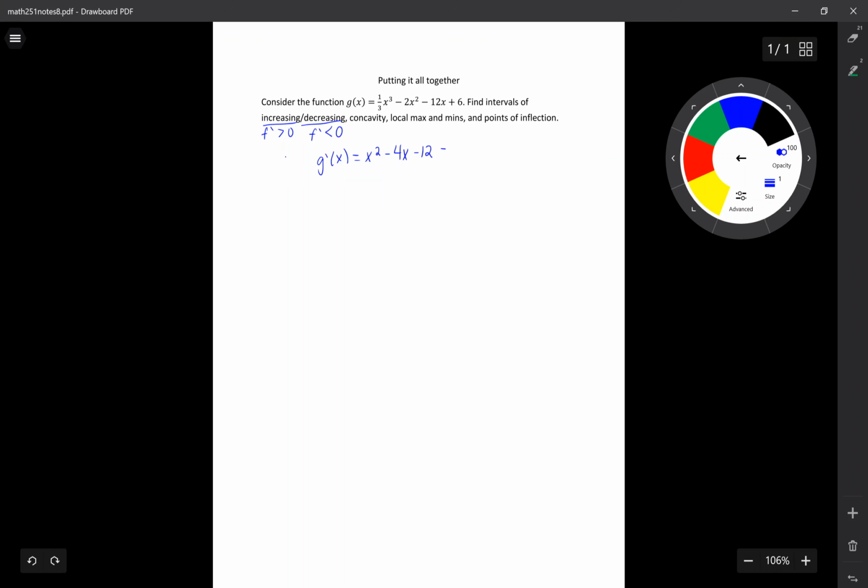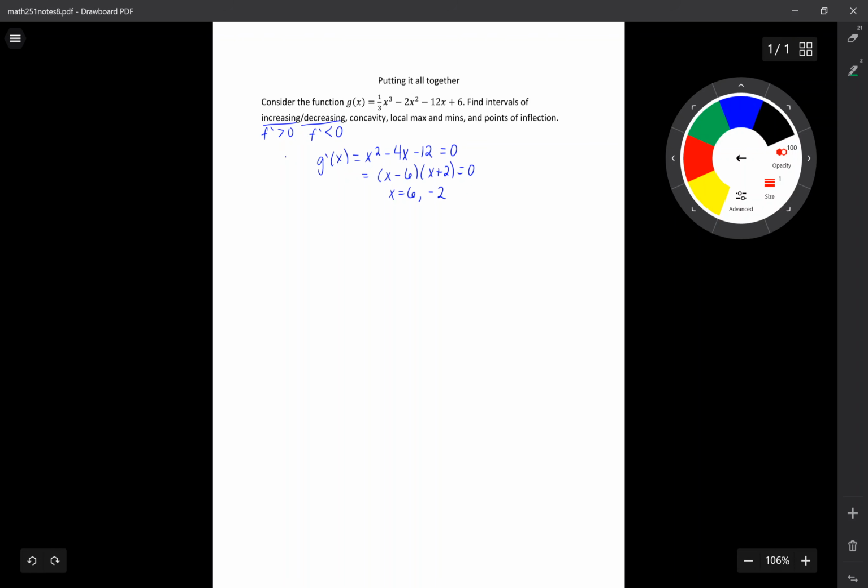And again, we want to set this equal to 0 to find our critical points. If I factor this, I get x minus 6 times x plus 2 equals 0, which gives us 2 critical points of x equals 6 and negative 2.